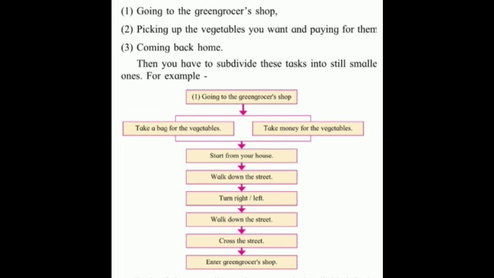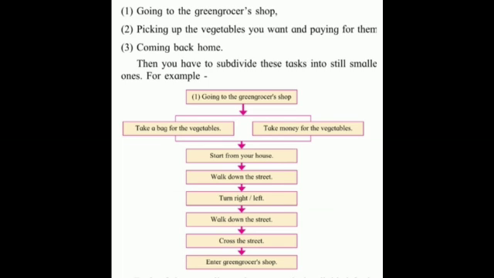Then take money for the vegetables. So while going to the greengrocer's shop, you will first take a bag to bring the vegetables. Then you will take money from your mother to purchase the vegetables. Then you will start from your house, either walking or on a cycle.